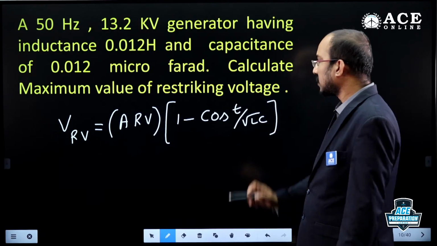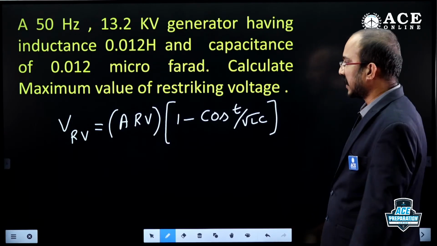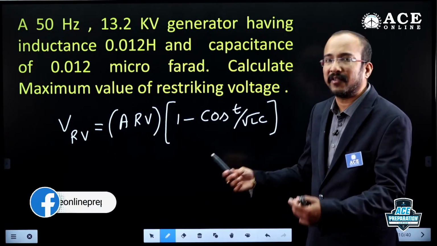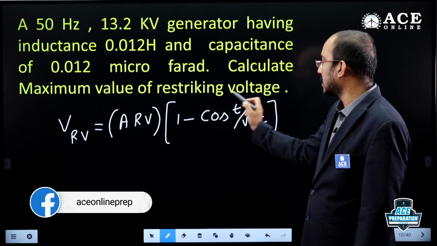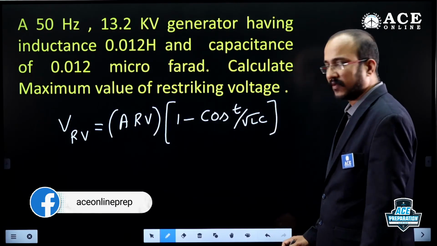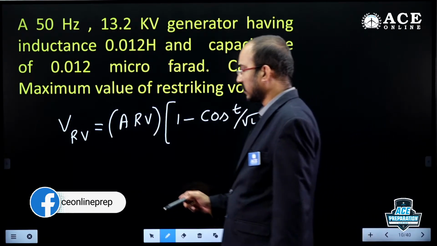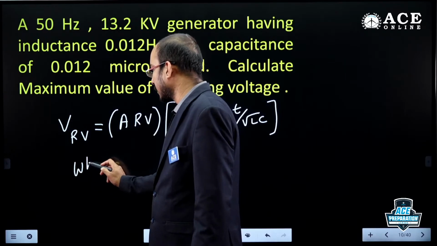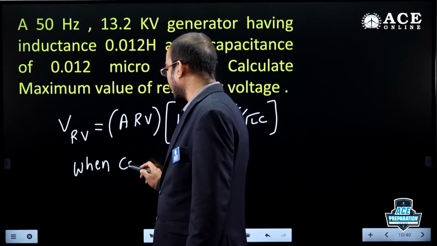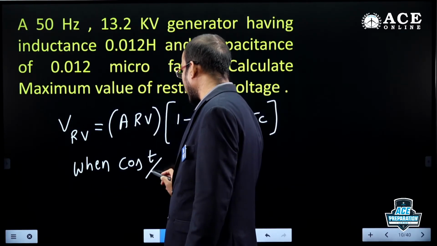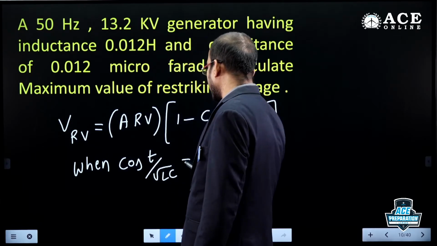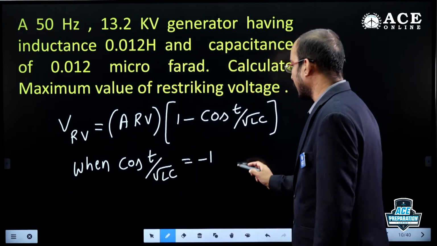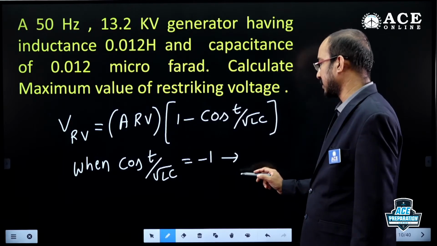This is the relation for restriking voltage. When will it be maximum? When cos of t by root LC equals minus 1, we will get VRV maximum.